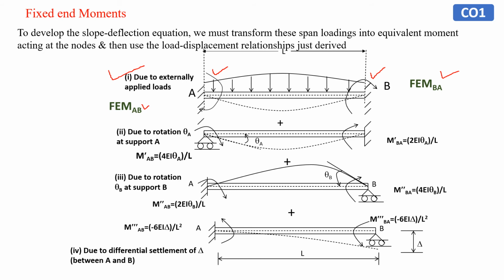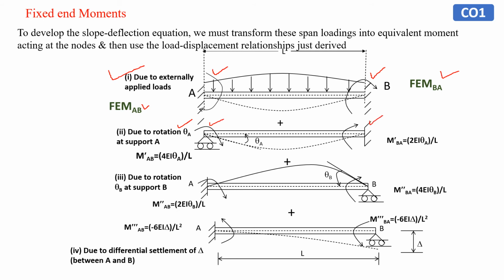Then next will be the effect due to theta A at support A. So first we consider theta A equal to 1, and because of this, what will be the contribution in moment at joint A and at joint B, that we are going to study.